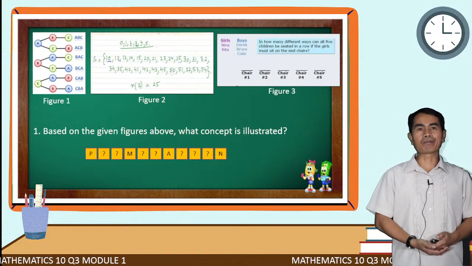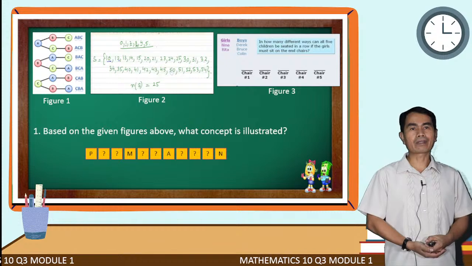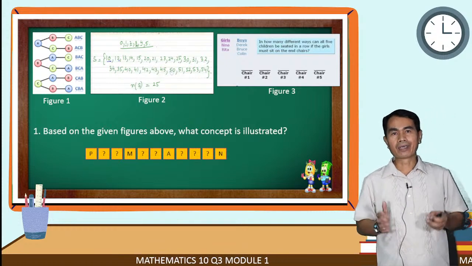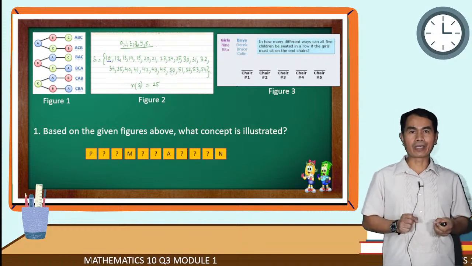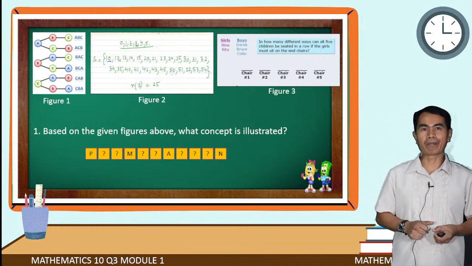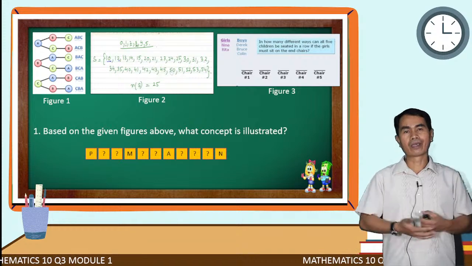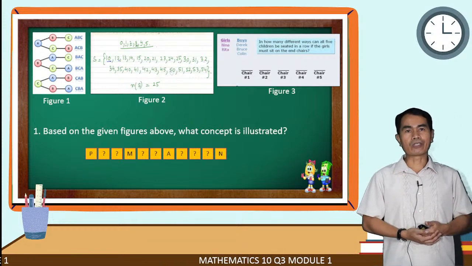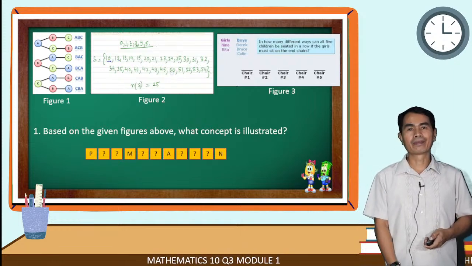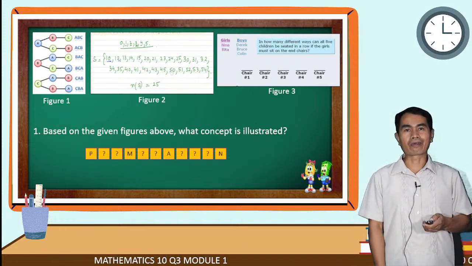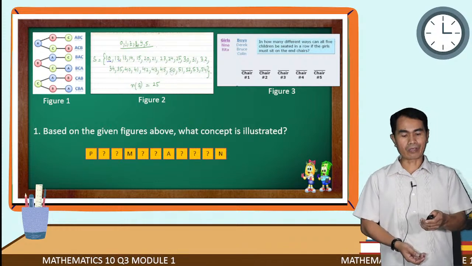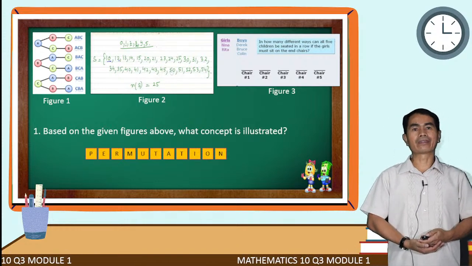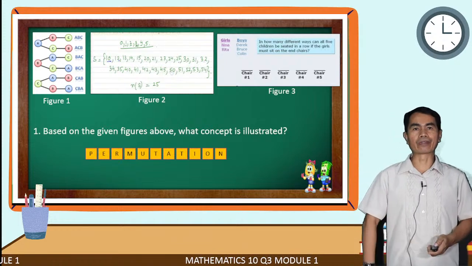Based on the given figures above, what concept is illustrated? So I have given you there a hint. Okay, given the letters P, M, A, and N, what is that one word in which this concept is illustrated? Okay, you're right. The correct word, I'm looking for the word permutation. Okay, take note of the word permutation.